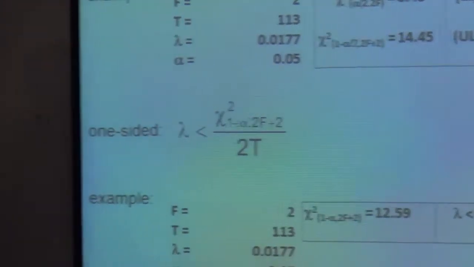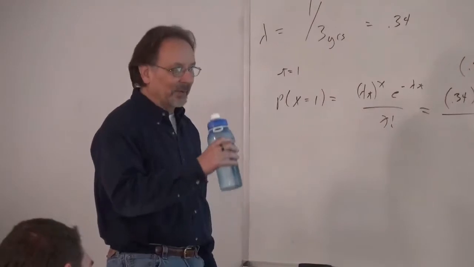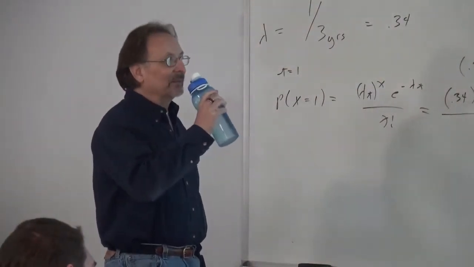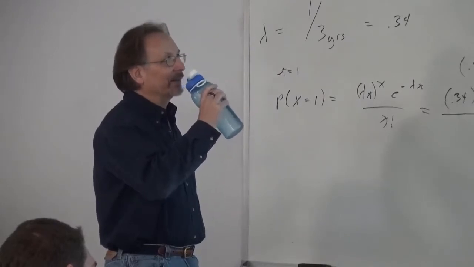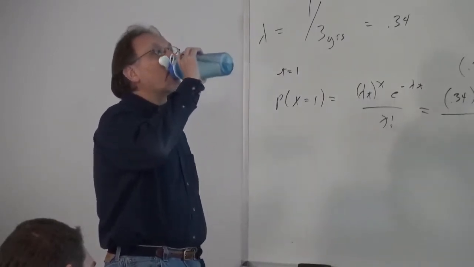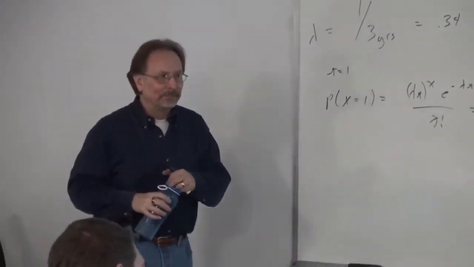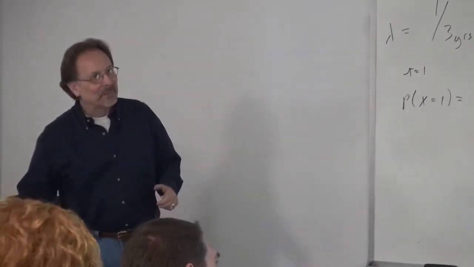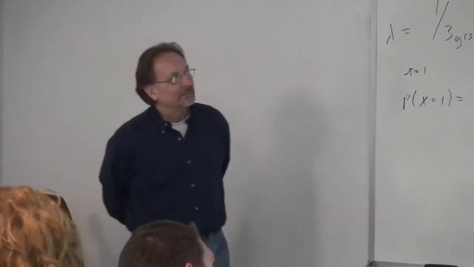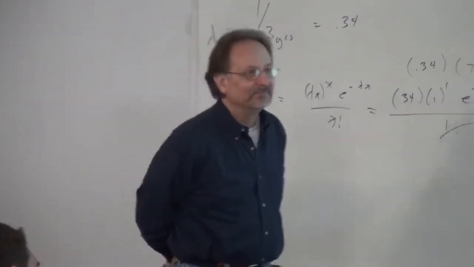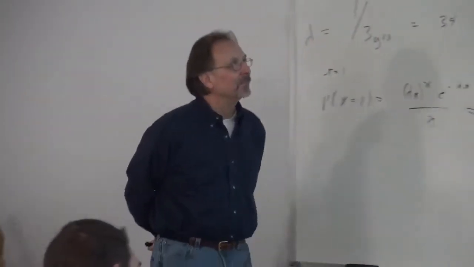Mean time between occurrences is by far the most intuitive way to interpret these ranges on lambda. Make sense? Yes? No? It's okay? All right, so we'll come back to it.